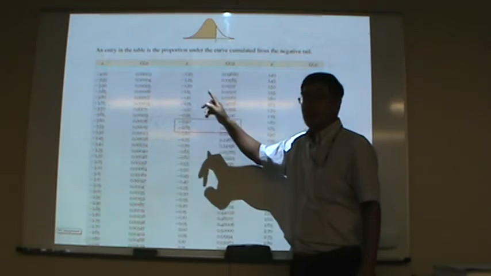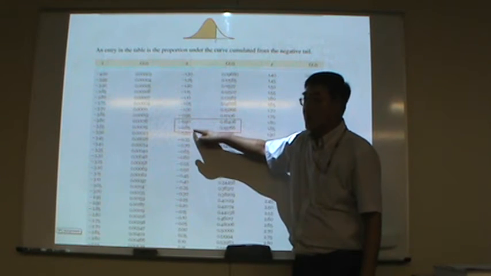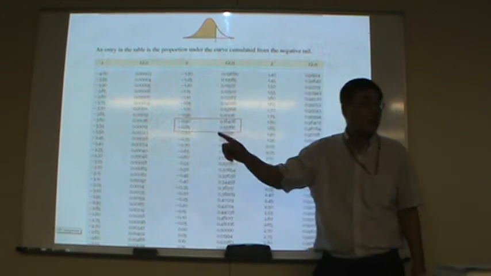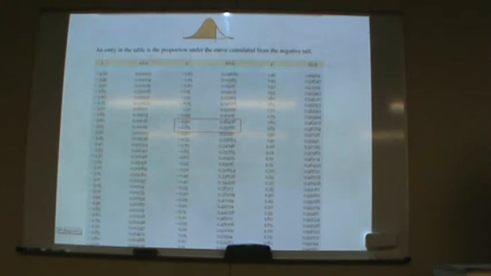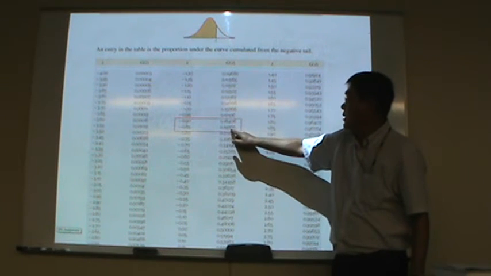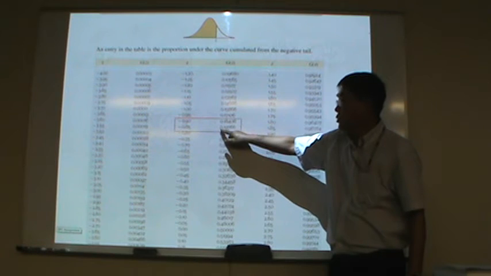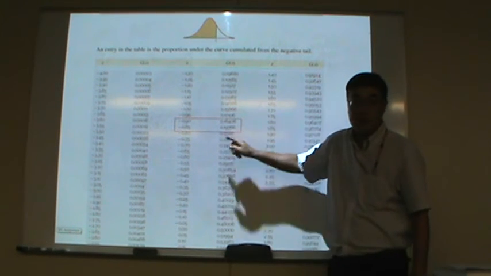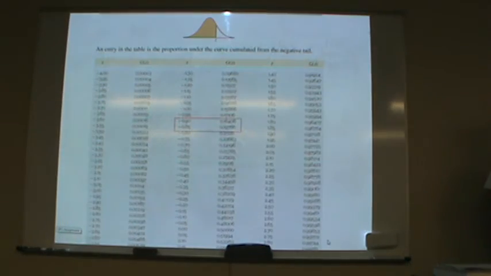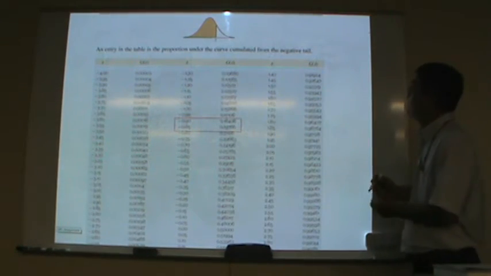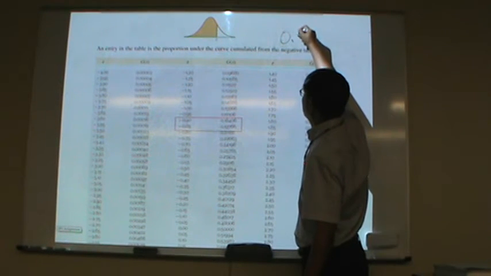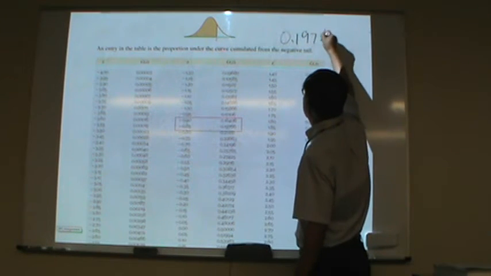Negative 0.87 is closer to 0.85, right? Correct. So take that one, then it is 0.19766. Right?